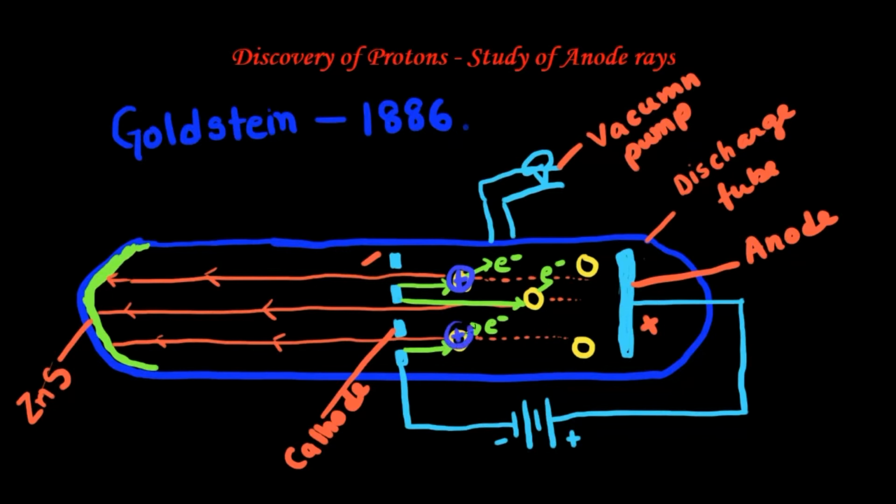Thus, anode rays are not emitted from the anode but are produced in the space between the anode and the cathode.